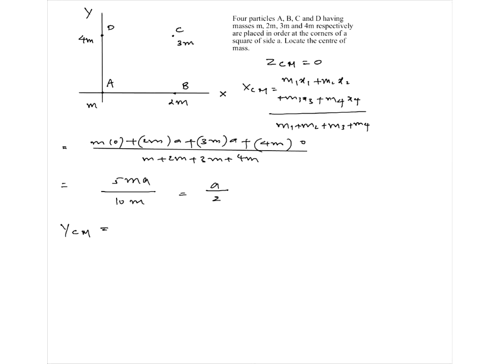So 7A by 10 is correct. So if you look at that figure, A by 2 and 7A by 10 should be somewhere here.